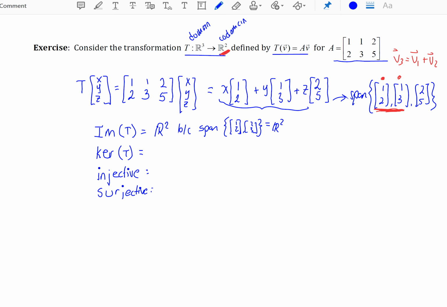Now I can't tell you the kernel just yet or whether it's injective, but I can talk about surjectivity. Remember, being surjective means your image is all of your codomain. Here we can say yes, because the image of T is equal to R2, our codomain.